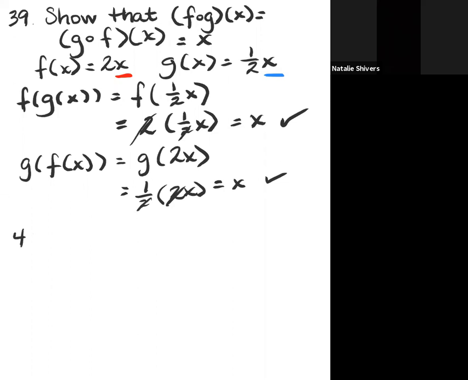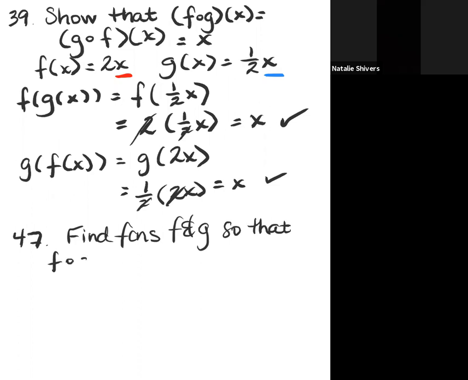47. We're going to find functions f and g so that f composed with g equals h if h of x equals 2x plus 3 to the 4th.